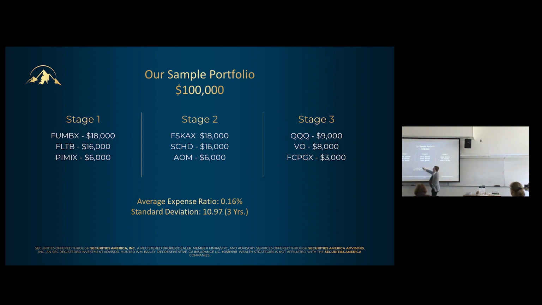Now remember, the first 2 allocations are the ones with less than 3 duration and less than 3 standard deviation. So you can see that we're keeping the overall standard deviation and the overall interest rate risk of our first stage relatively low, and we're adding a little bit of opportunity for some fund managers to give us some additional returns if they happen to have a really good year.